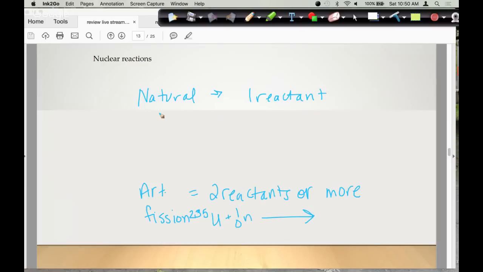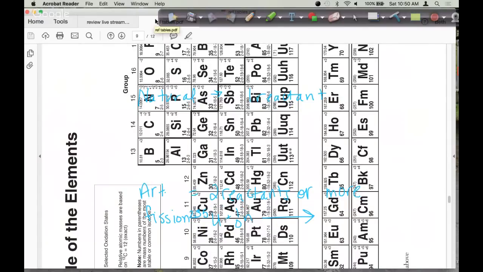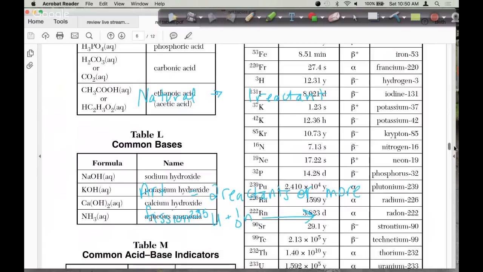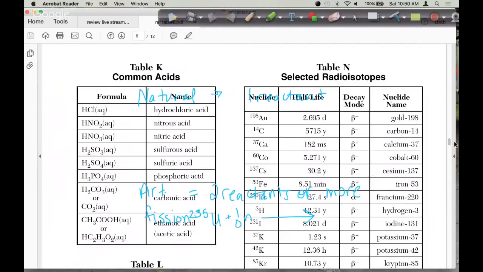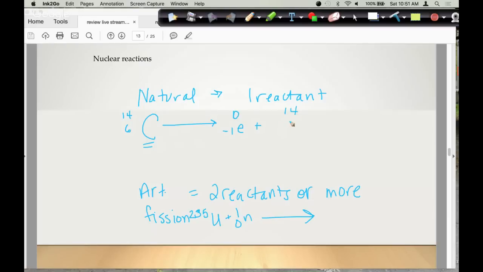And for natural, let me just go here for a second and just pick one out. Just have to get to table N. For example, if we do carbon-14 has beta decay. So natural, because it's on table N, the carbon-14 would be the only reactant, give off that beta particle, and turn into nitrogen-14.